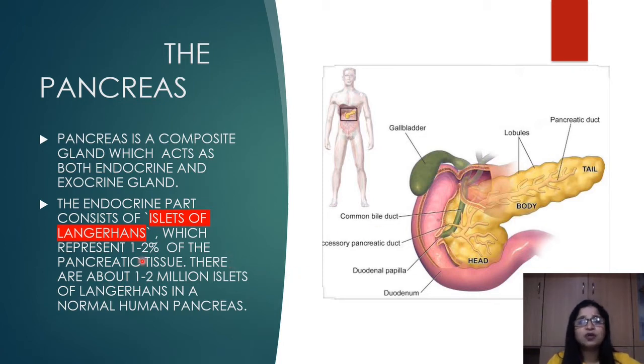In the human pancreas, there are about 1 to 2 million islets of Langerhans spread all across the pancreatic tissue. The rest of it, that is the exocrine part, produces the pancreatic juice which will flow through the pancreatic duct into the duodenum, which aids the process of digestion.